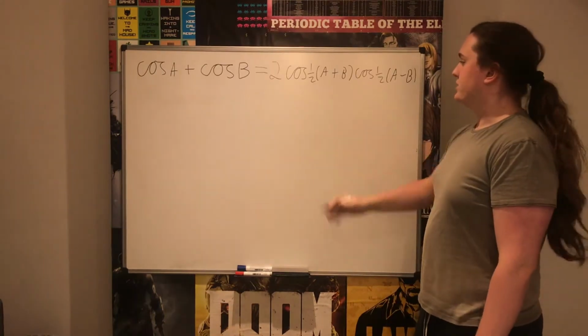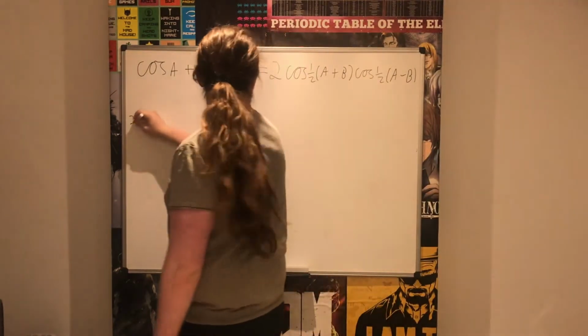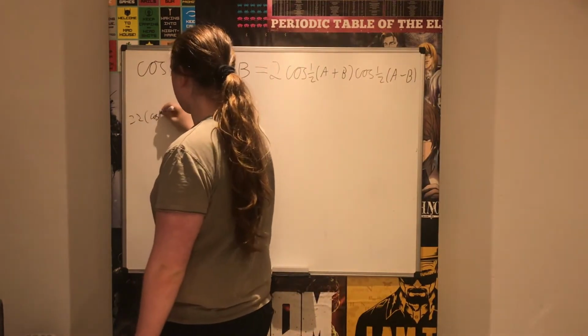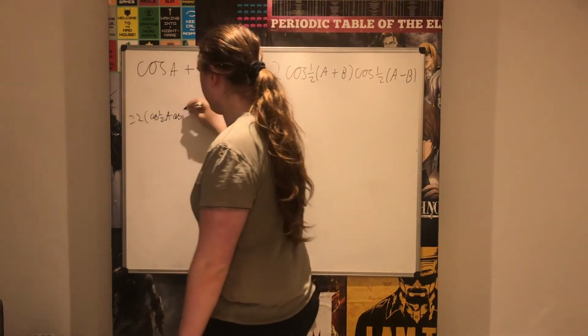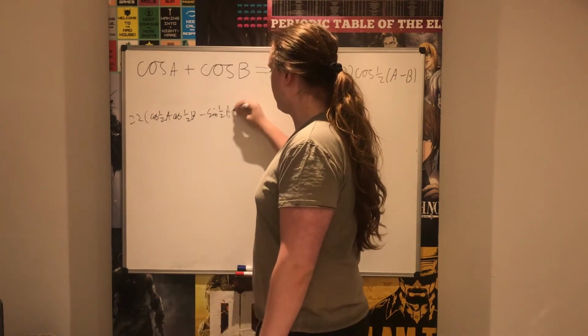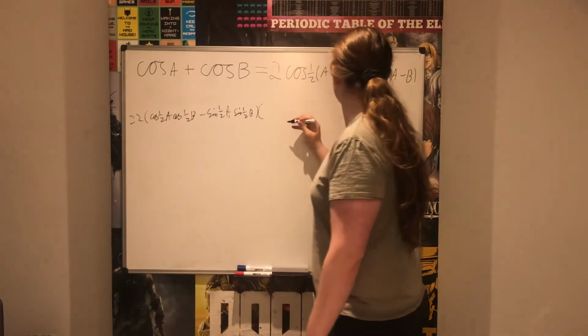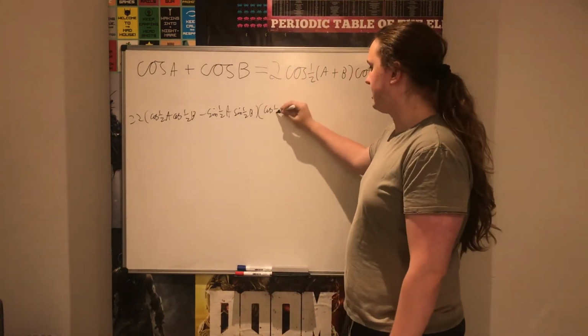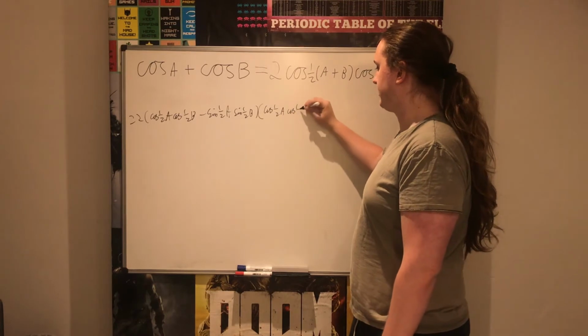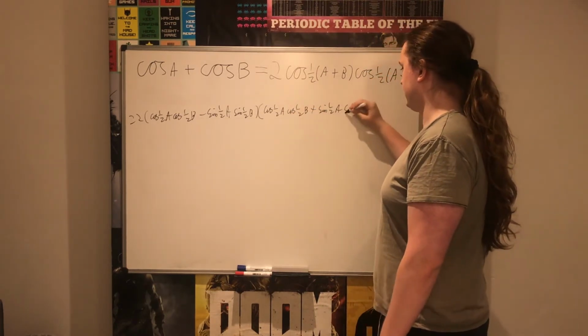So to prove this, we're going to apply the compound angle formulae on these two terms. So that will give us 2 times cos of a half a cos of a half b minus sine of a half a sine of a half b, and then multiplied by cos of a half a cos of a half b plus sine of a half a sine of a half b.